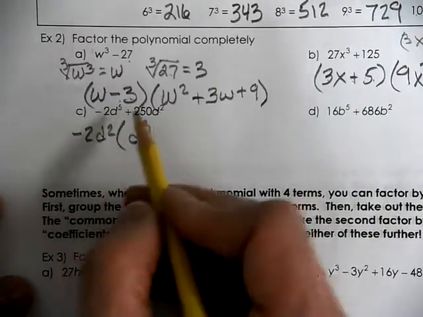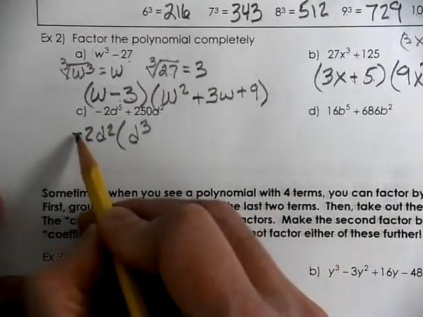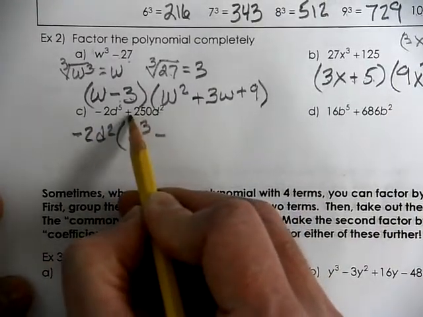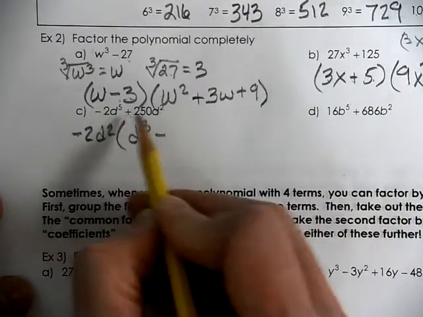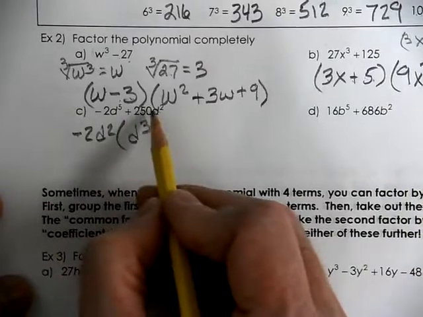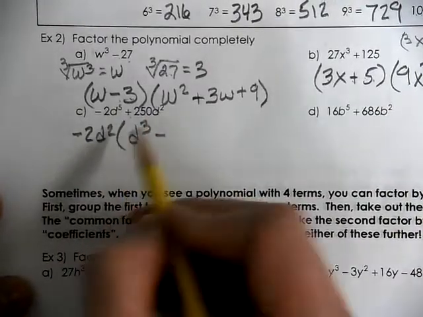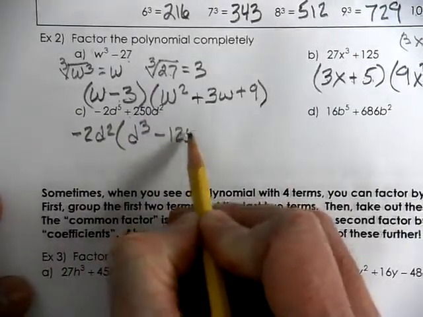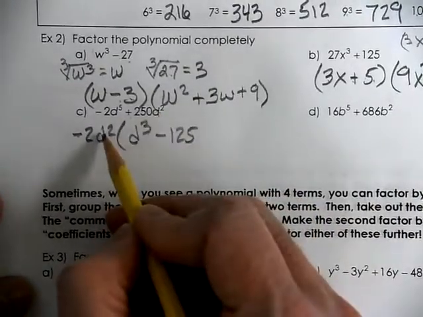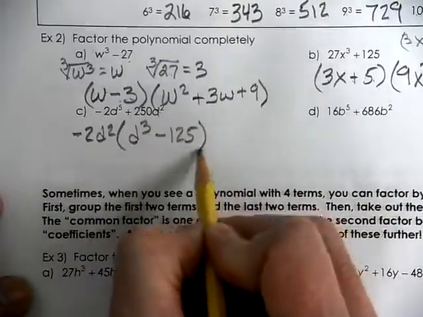That makes 5. A negative times a negative is going to make this a positive. What are we going to have left when we take the 2 out of 250? 125. And when we take out 2 of the d's, we've took out all the d's. So there's nothing left.